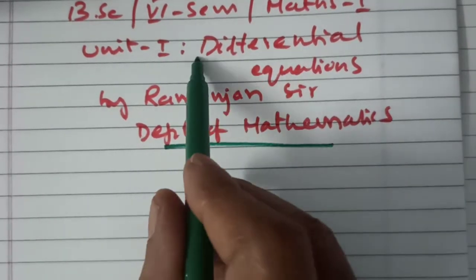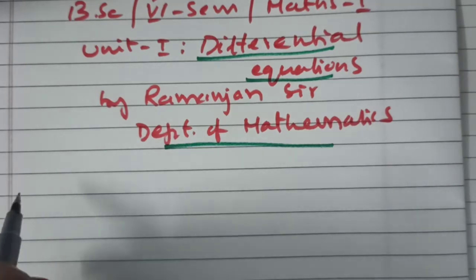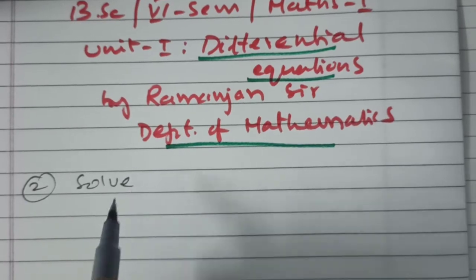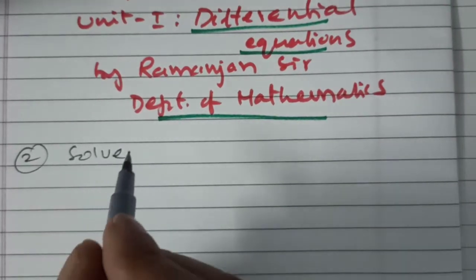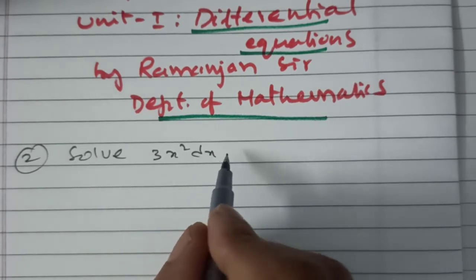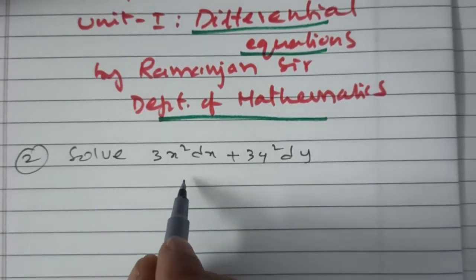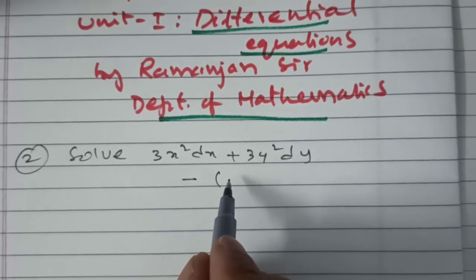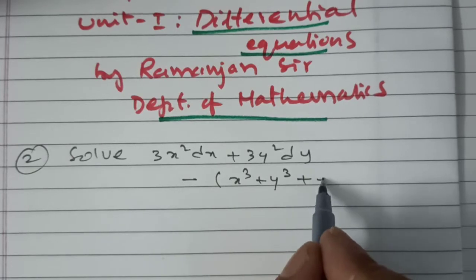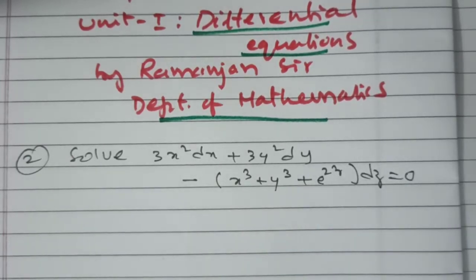So it is problem 2. Solve 3x square dx plus 3y square dy minus of x cube plus y cube plus e power 2z of dz is equal to 0.